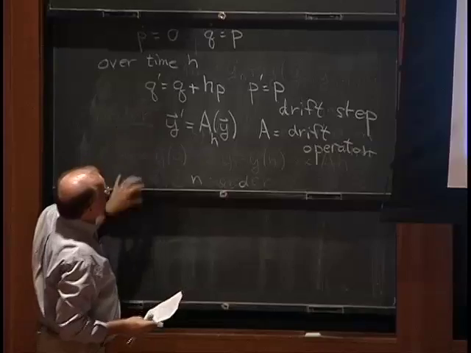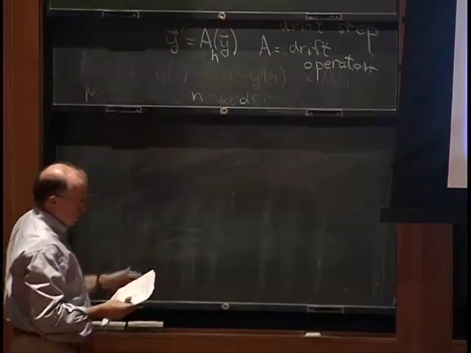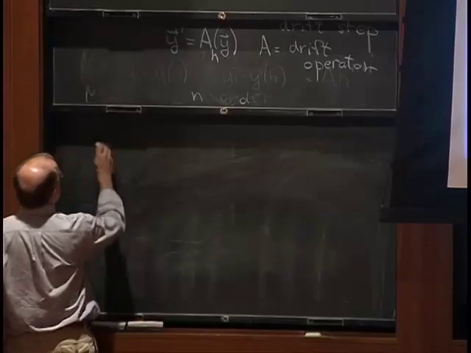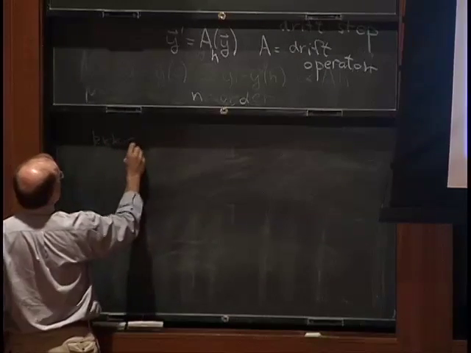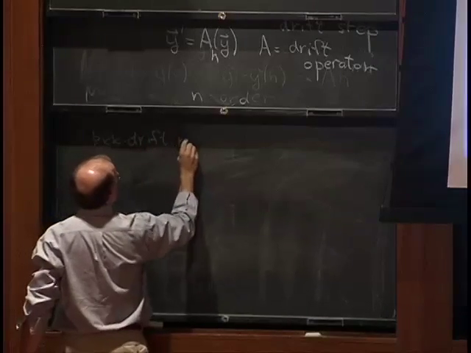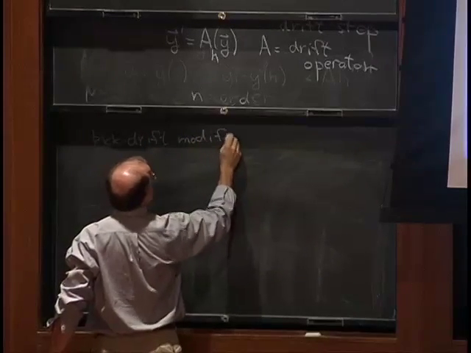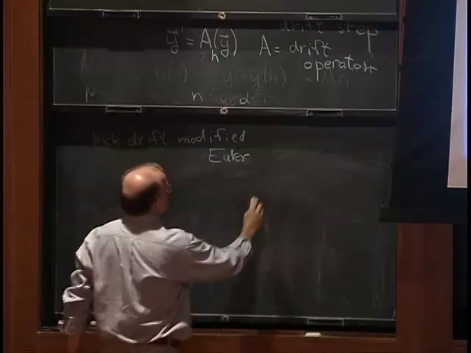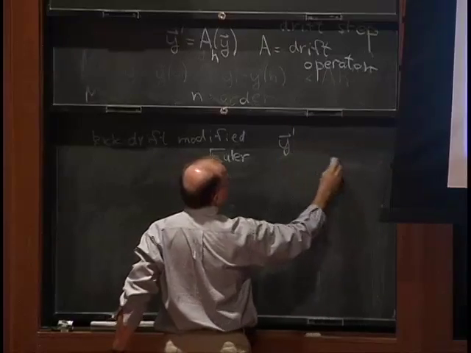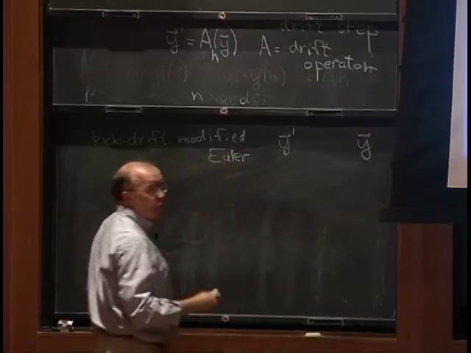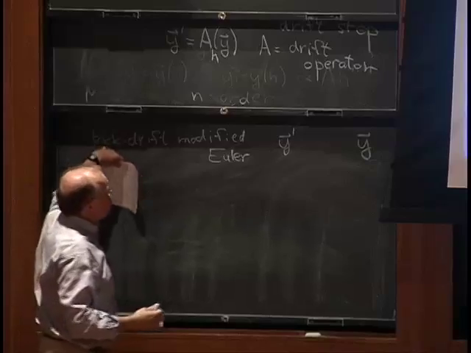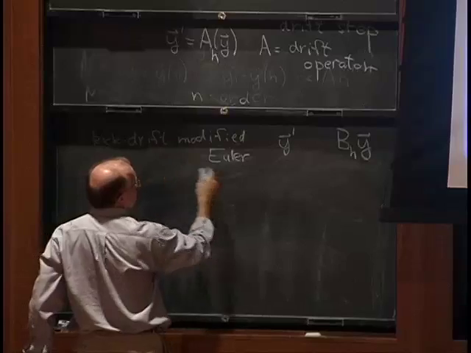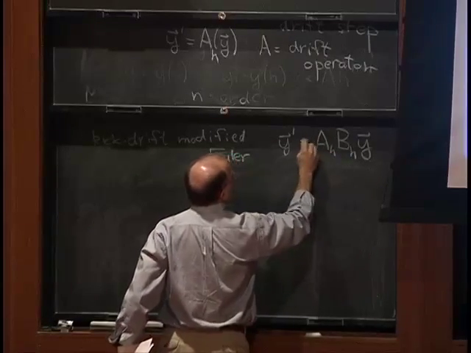So once we've defined these operators, kick-drift modified Euler is just the sequence which says that y prime is a function of y. The first thing we do to y is we hit it with a kick. So you operate on it with B_h, then you do a drift, you operate on it with A_h.